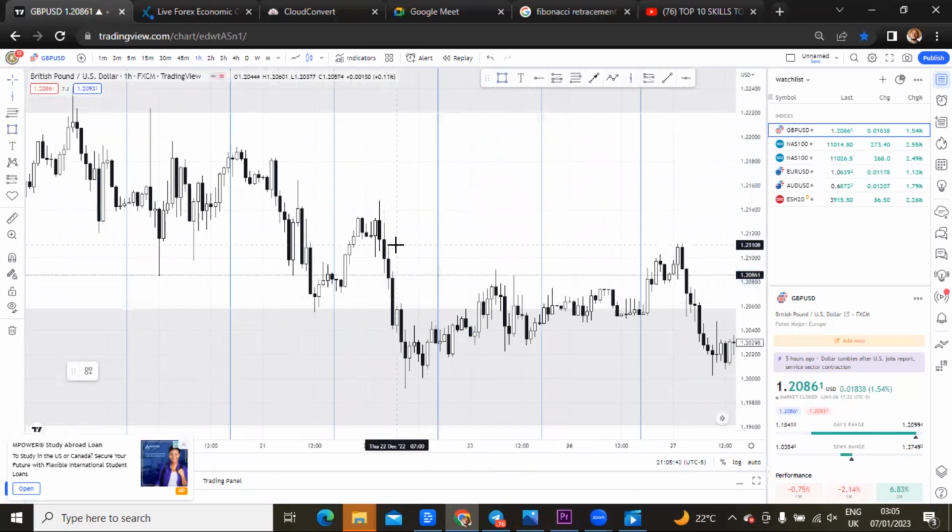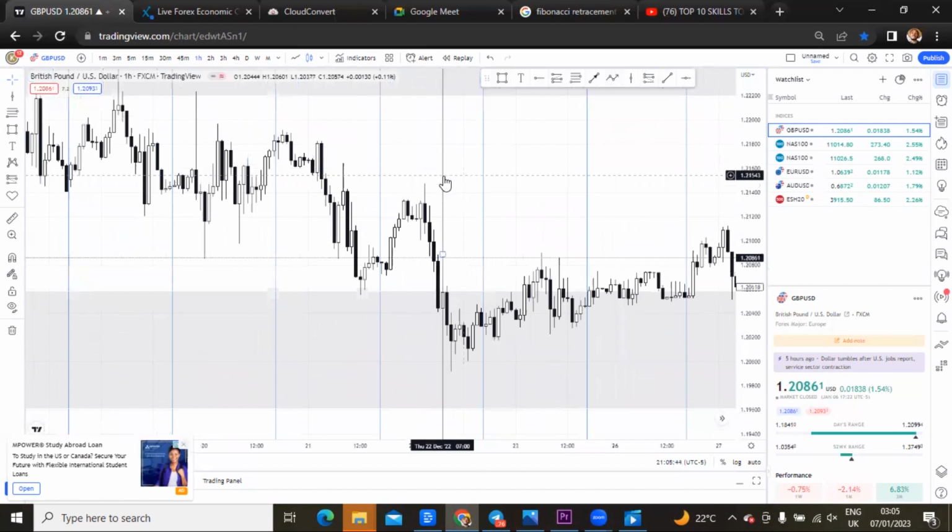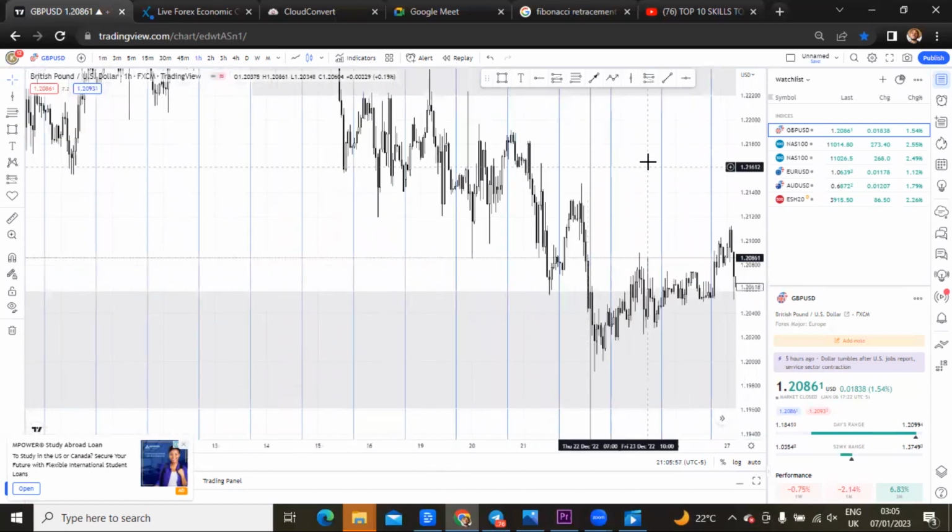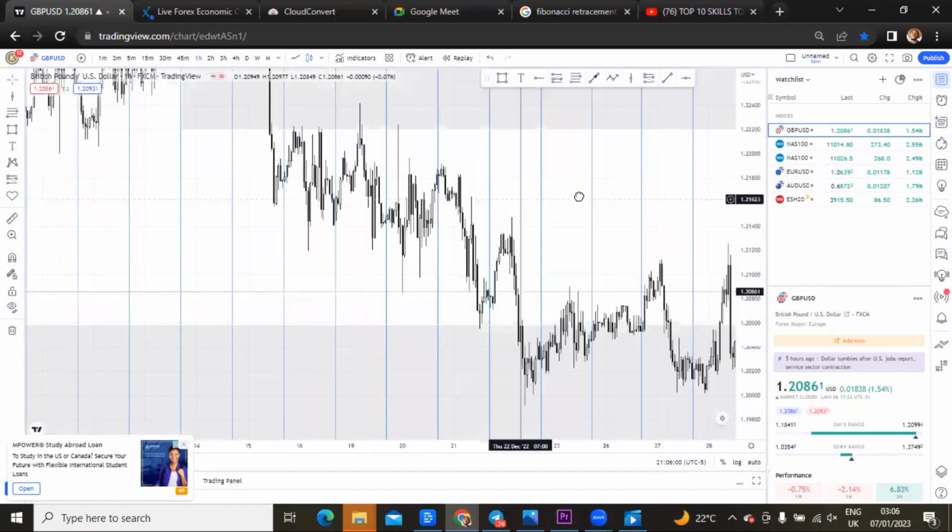We need to use a horizontal line. This line marks 7 o'clock Eastern time. See it here. So basically, we are coming to the charts by this time. Okay. So if you're coming to the chart by this time, what are we going to do?